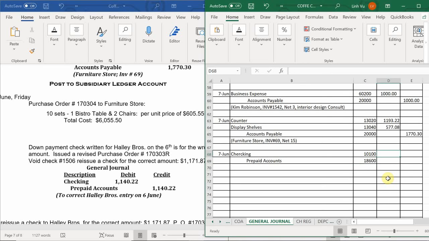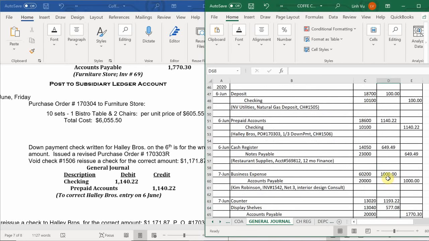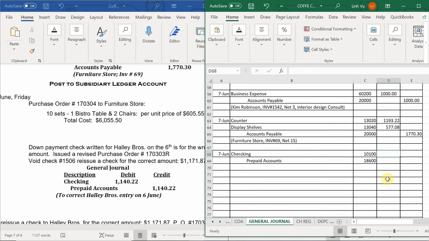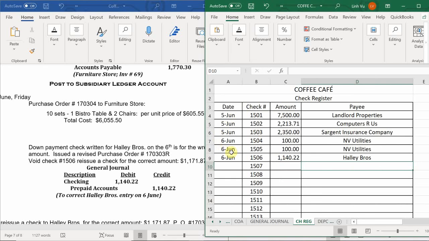Now, what was my original amount that I actually put in there? $1140.22, right? I could easily find that by looking at my check register, where I wrote them a check, number 1506, indicated right here.